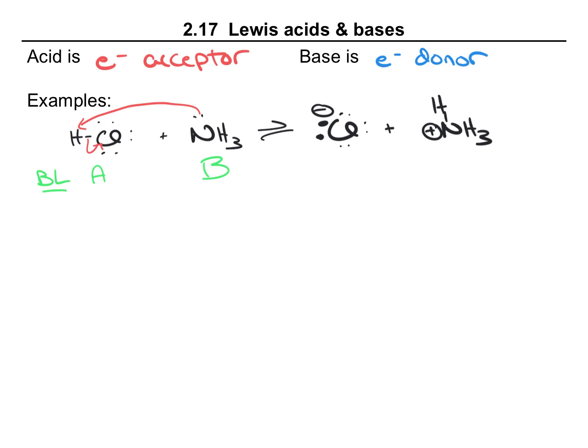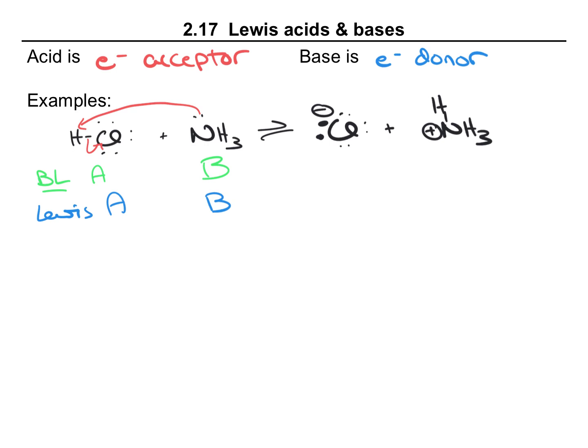Well, according to the Lewis definition, this is the base because it donates electrons to this other molecule, and this is the acid because it accepts the electrons from the nitrogen. So we can say that HCl is the Lewis acid, or more specifically, the hydrogen is the Lewis acid. So all Bronsted-Lowry acids and bases are also Lewis acids and bases.